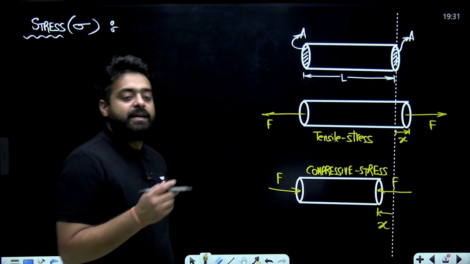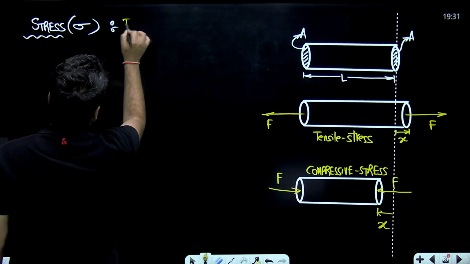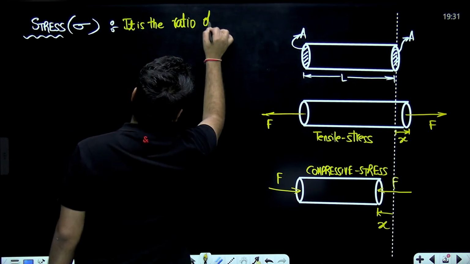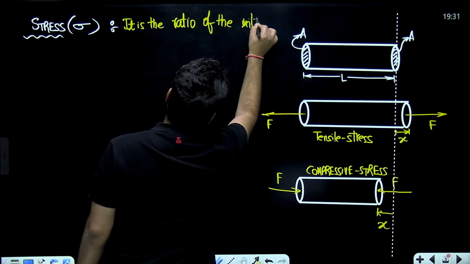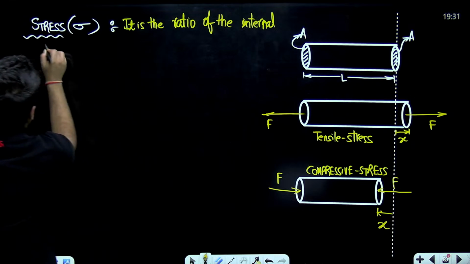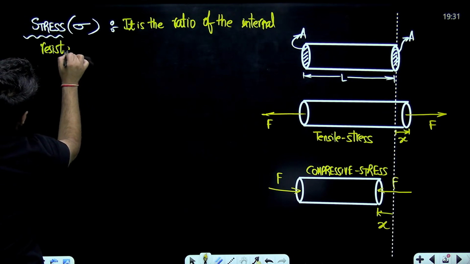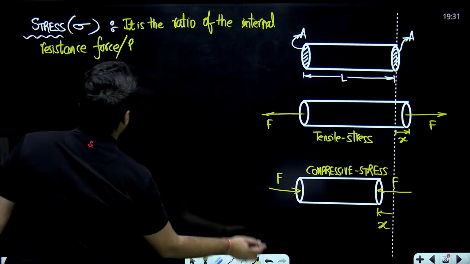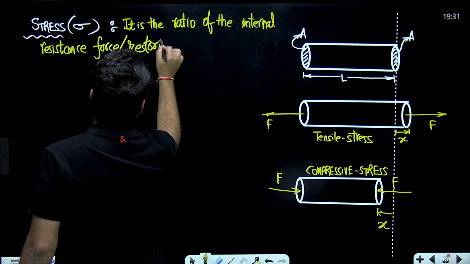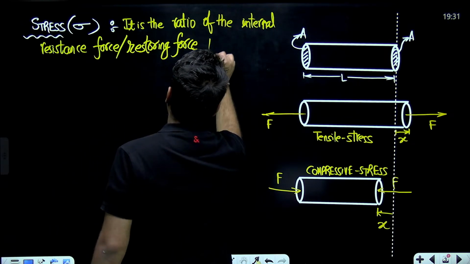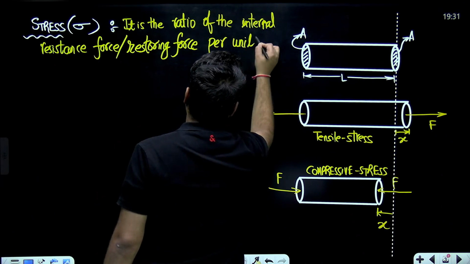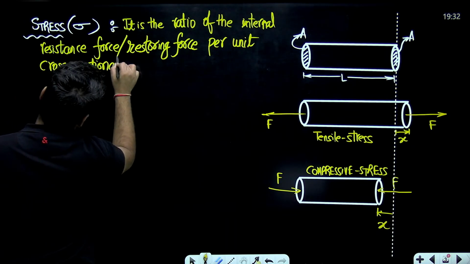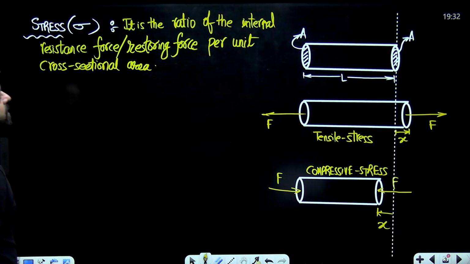So stress is defined in this way: it is the ratio of the internal resisting force, or you can say restoring force, per unit cross sectional area. This is the exact definition.